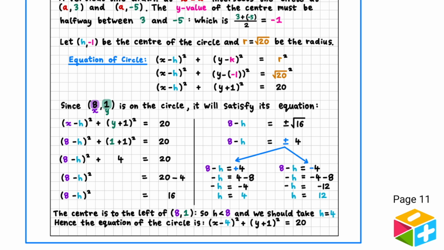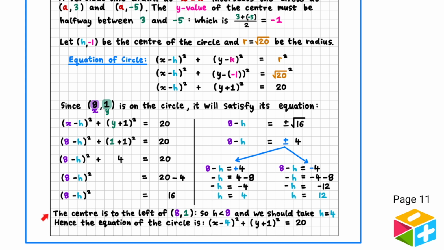We've gotten two solutions for h, but only one of them makes sense in the context of the question. If you look back at the diagram, you'll notice that the centre of the circle must be to the left of the point 8, 1. This means that h, the x-coordinate of the centre, must be less than 8.